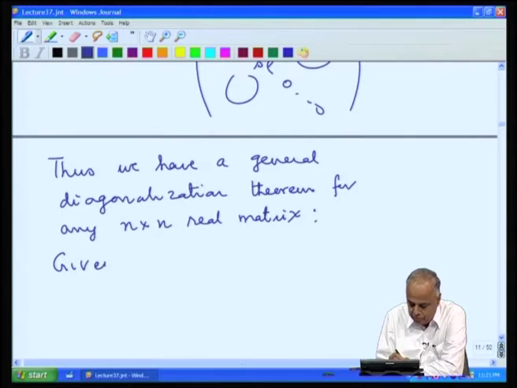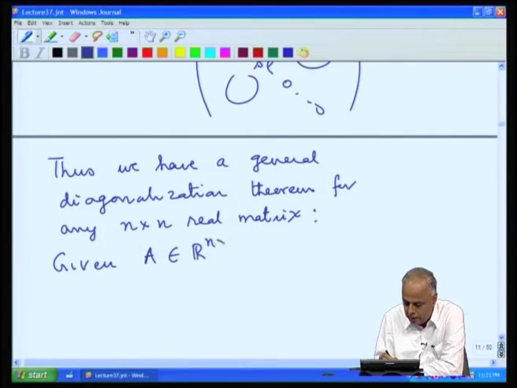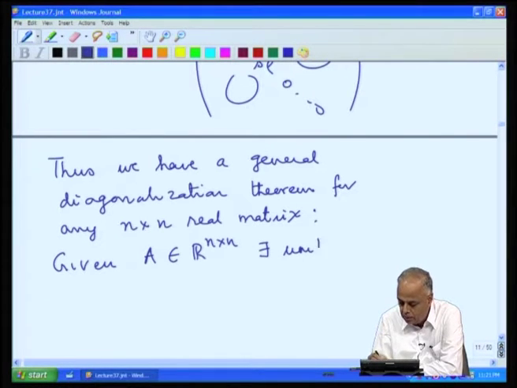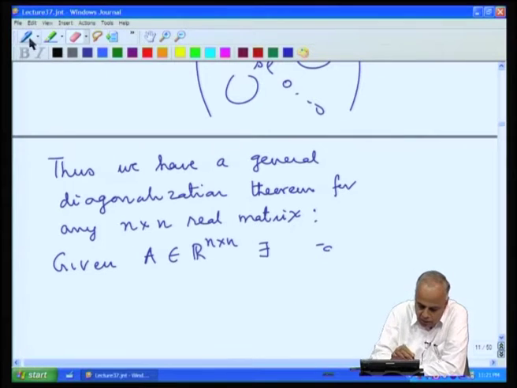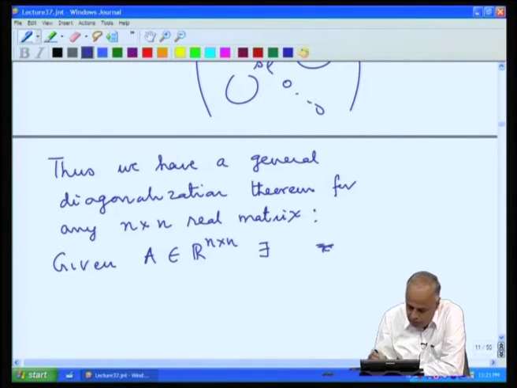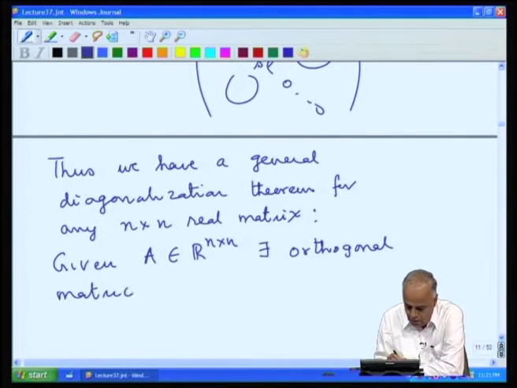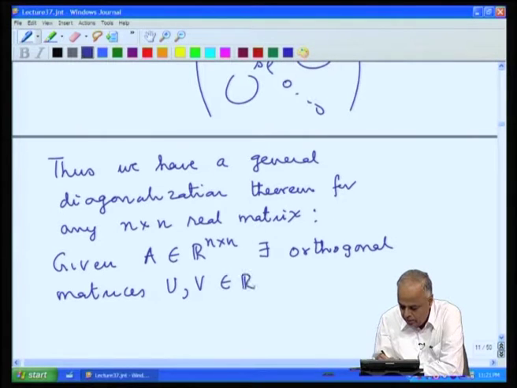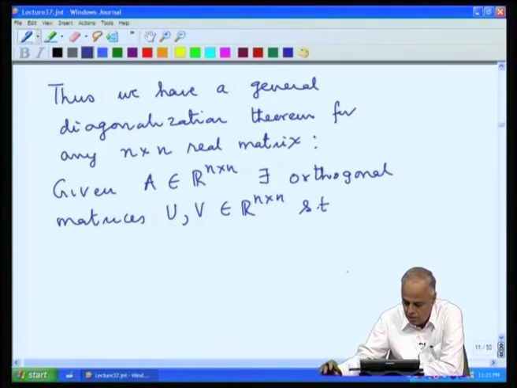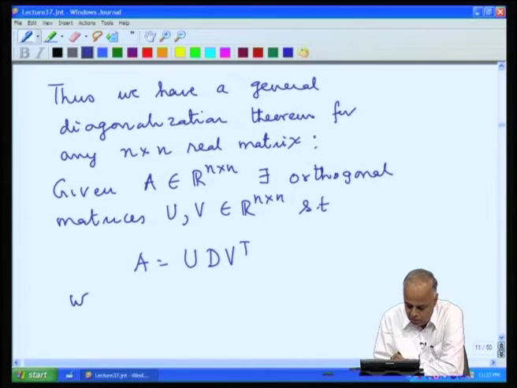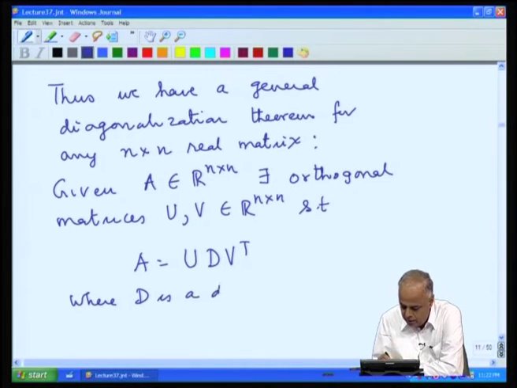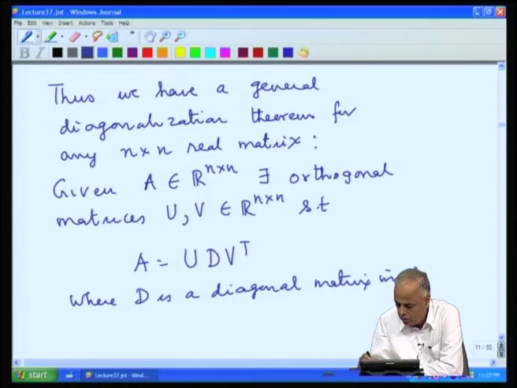So, given A belonging to R n cross n, there exist unitary, now since we are in the real case, I should write orthogonal matrices, there exist orthogonal matrices U, V in R n cross n such that A equal to U D V transpose, where D is a diagonal matrix in R n cross n.